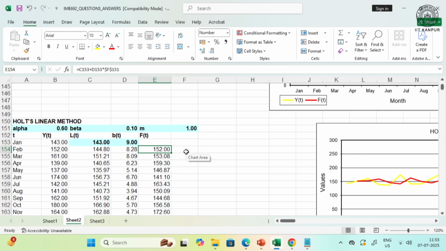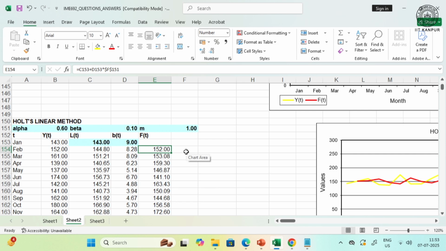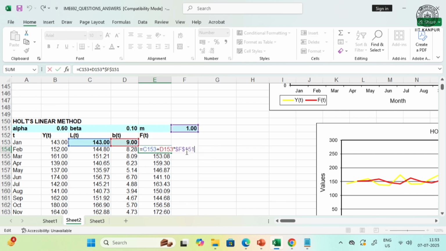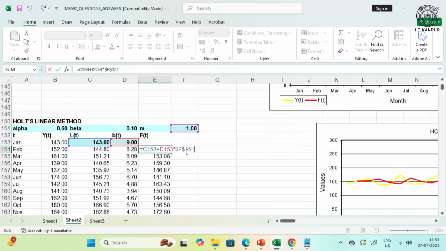And finally, the forecasted value. Now, remember I am taking m as 1. If m is 1, I go to the formula which is the third point highlighted in this PPT slide. It is LT plus BT into m. So, what is LT? LT is given by 144. It is one period backward, because I am trying to forecast for FT plus 1.